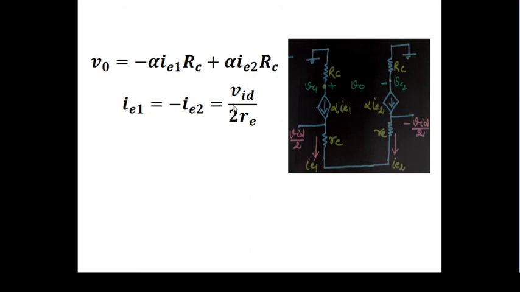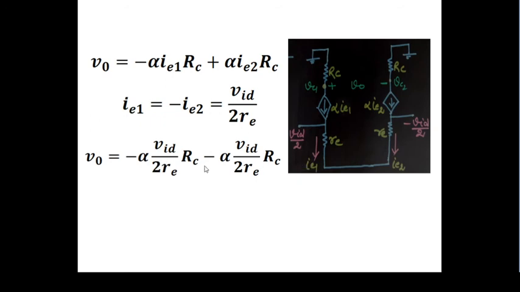Now we put the value of I1 in the equation for V naught. It gives minus alpha VID by twice RE times RC, minus alpha VID by twice RE times RC.